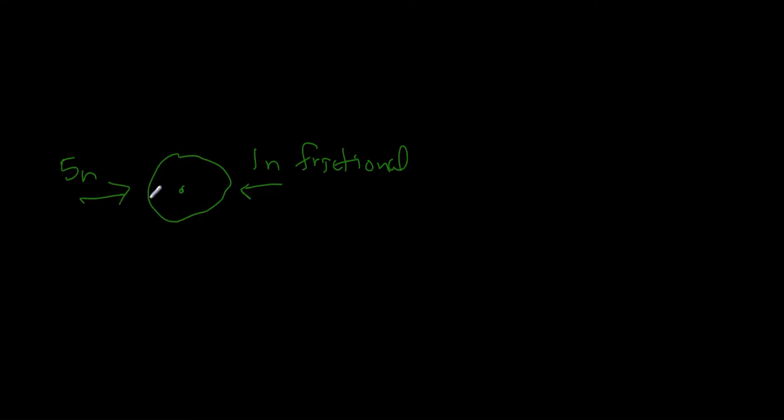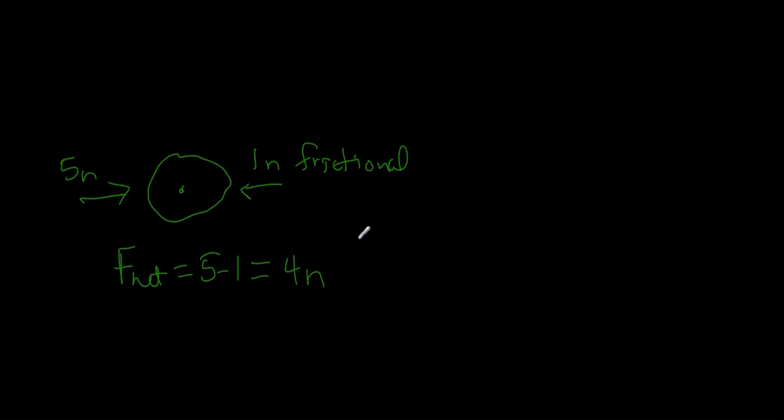This is a pretty simple idea. If you have 5 newtons going to the right and 1 newton going to the left, your net force is going to equal 5 minus 1 newtons, which is 4 newtons.